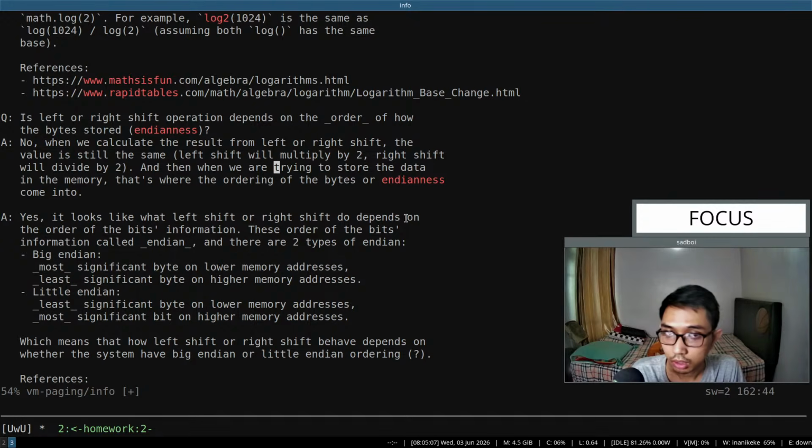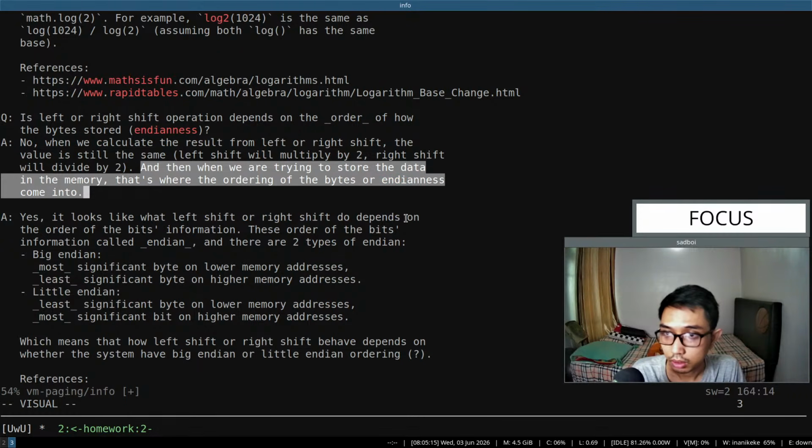That's when we are trying to store the data in the memory, that's where the ordering matters.